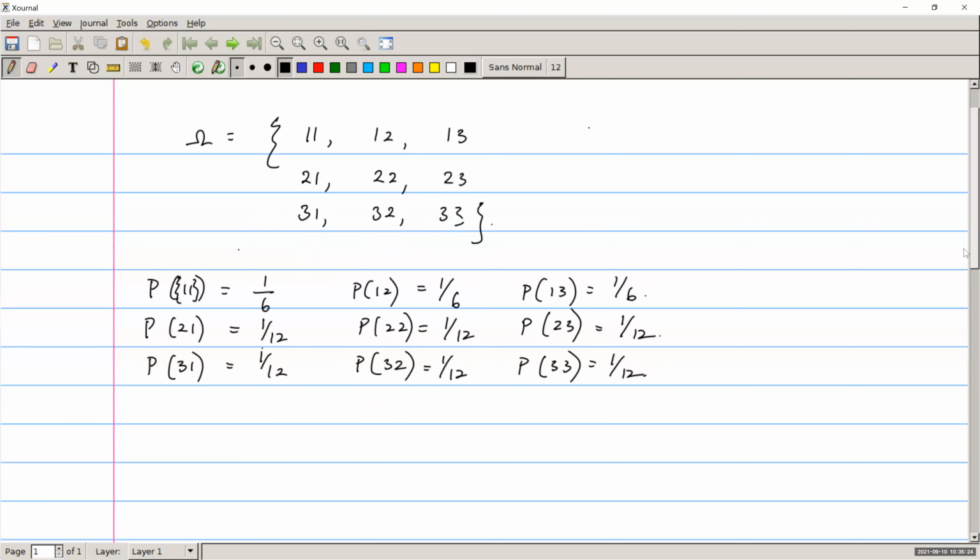Here I asked you to find a couple of things. What is the probability that A's throw equals 1? Remember, this is our universe. This is the outcome of A's die, and this is the outcome of B's die. What's the probability that A's die shows up as 1?